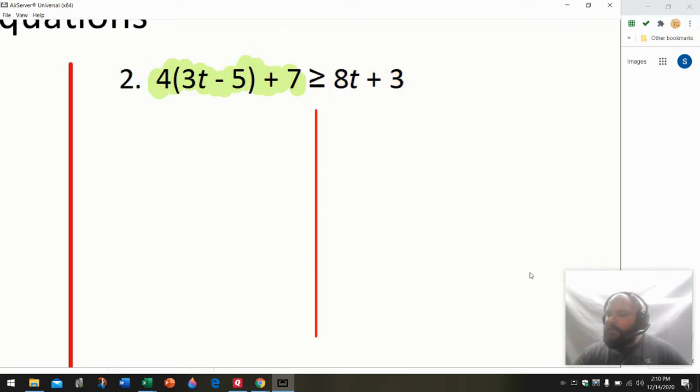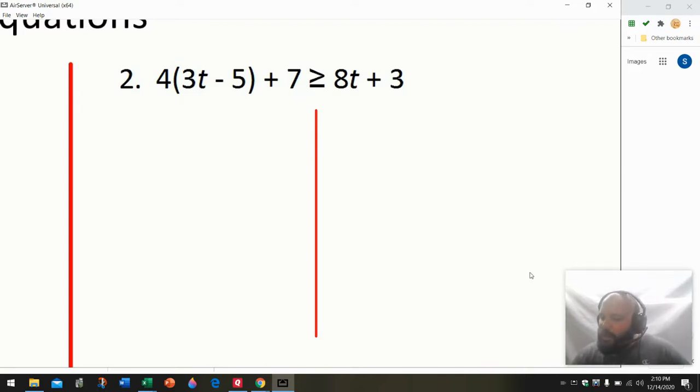And so that's the most important thing that I want to stress about these multi-step equations or inequalities: break them up into parts and deal with one side individually at a time until both sides are simplified separately. Then you can go about solving for your variable, moving your variable to one side.